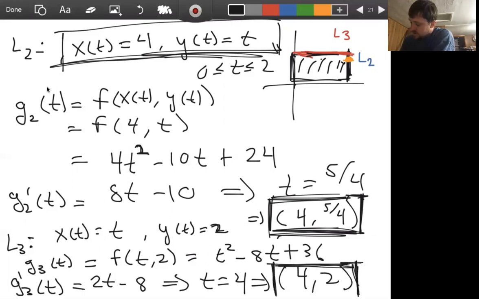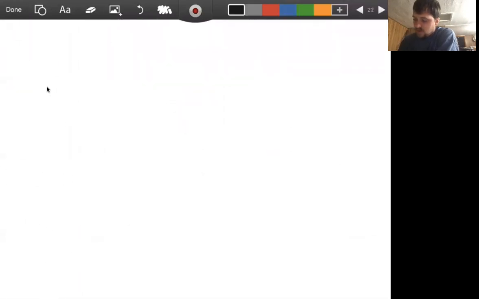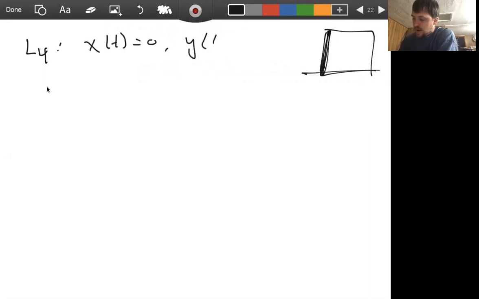So here's another possibility. And we need to do this one more time, for L4. If you'll remember, on our box here, x is fixed at 0, and y is varying, for t between 0 and 2.